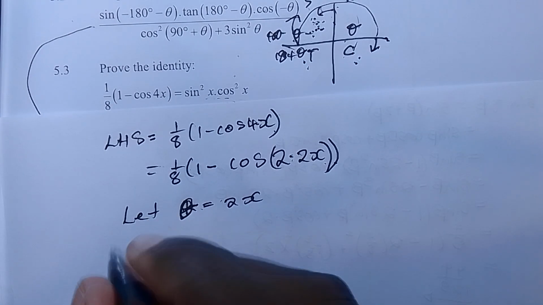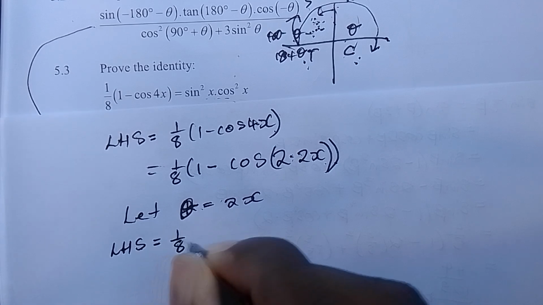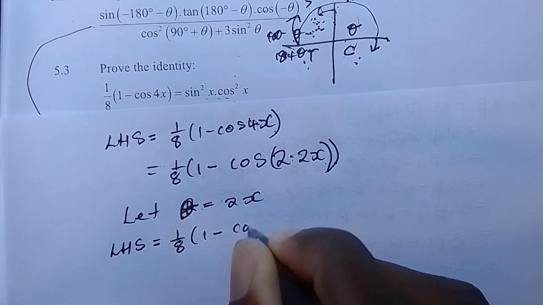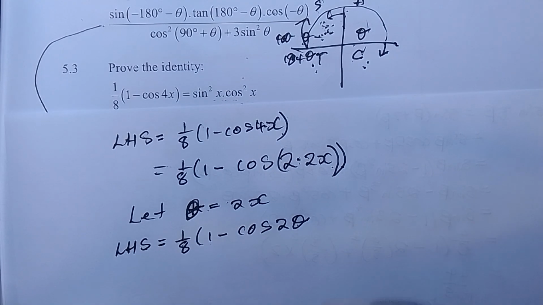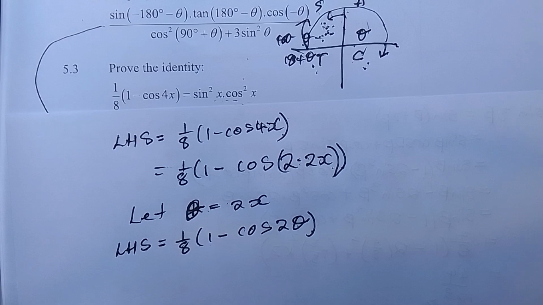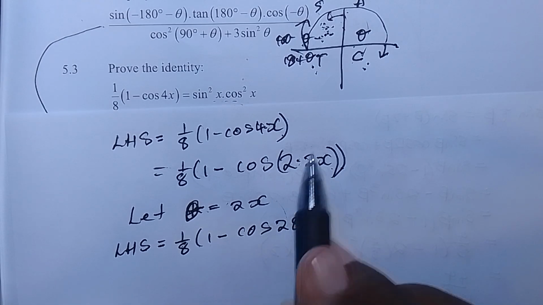Now, that means that your left hand side is equal to 1 over 8 into 1 minus cos 2 theta. You understand? The left hand side is equal to this because you substituted theta in the place of 2x.